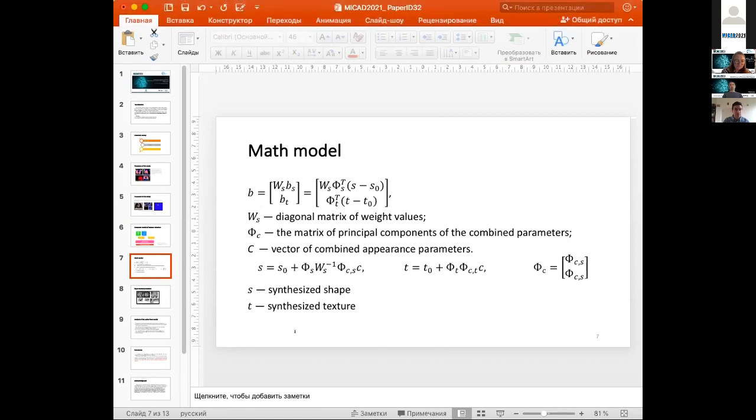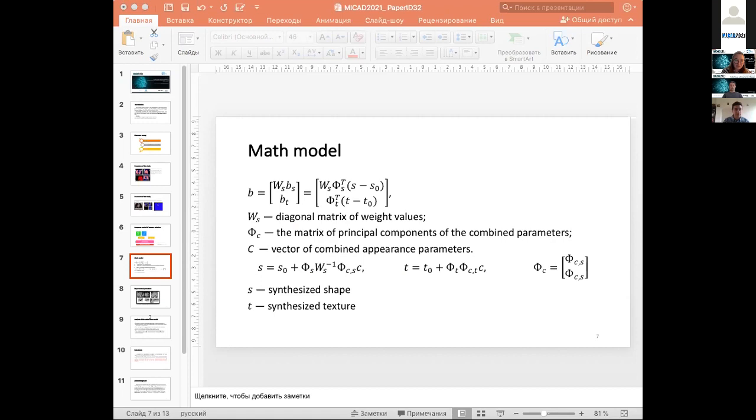b = Vc c. Here Vc is the matrix of principal components of the combined parameters, and c is the vector of combined appearance parameters.